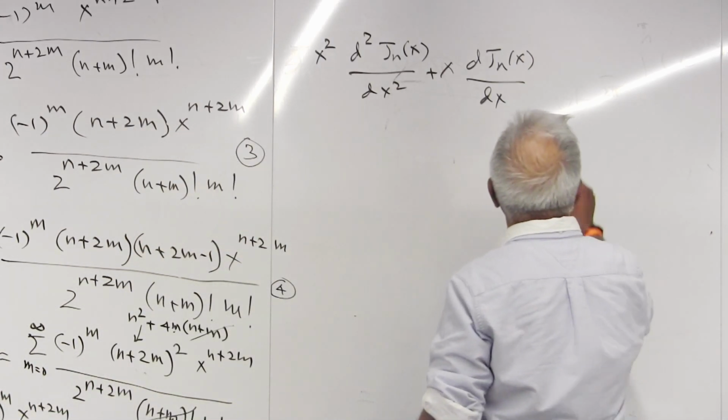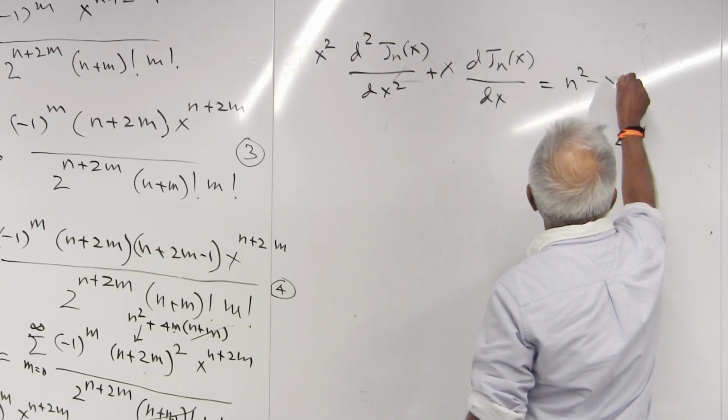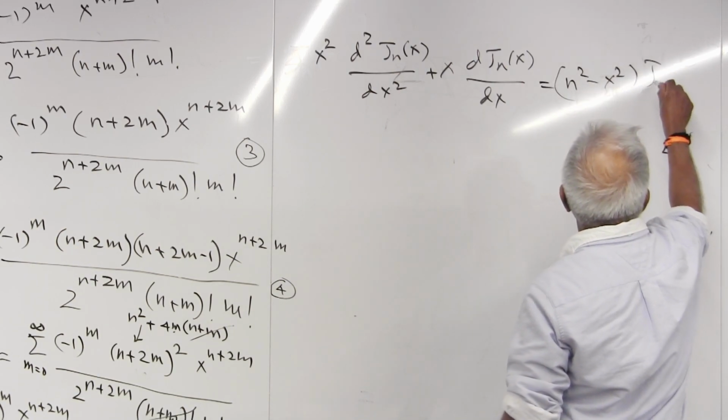Both are J. So this is n squared minus x squared J.